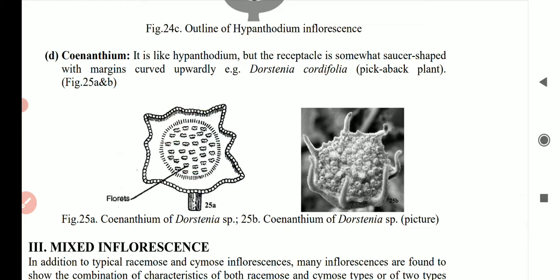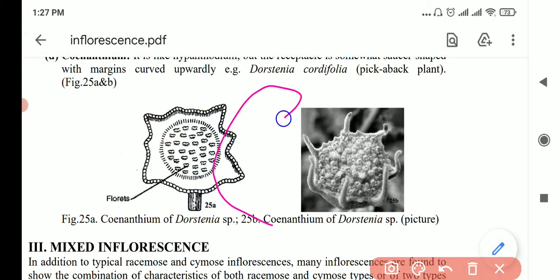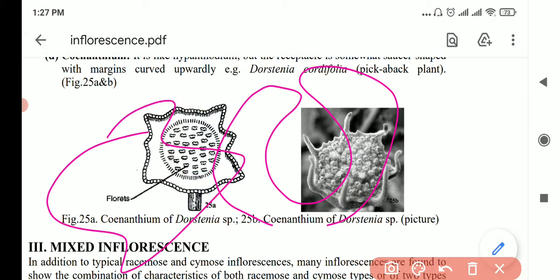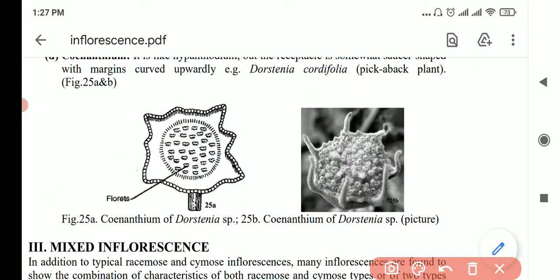Then the coenanthium. It is just like the hypanthodium, but instead of a cup shape, it is like a flat saucer shape. The receptacle, the rachis, becomes flat and saucer-like, and then it has some flowers on it.